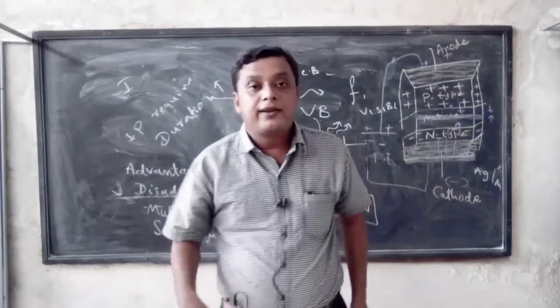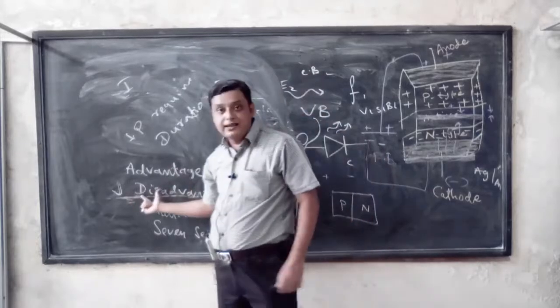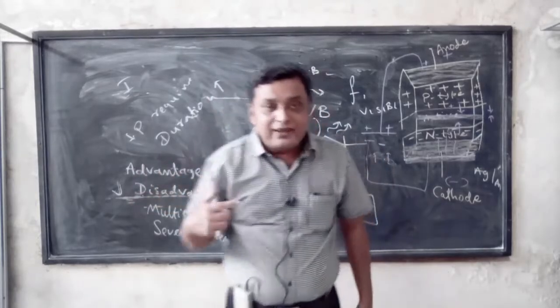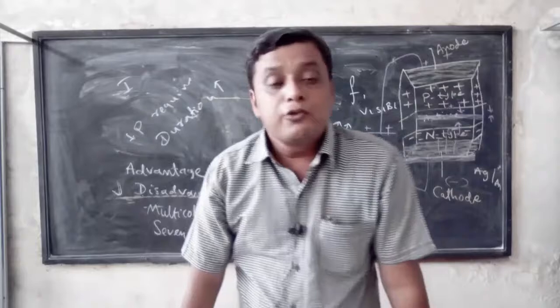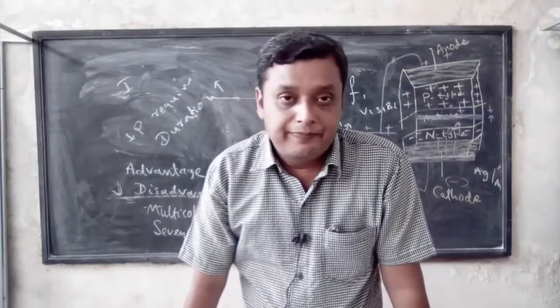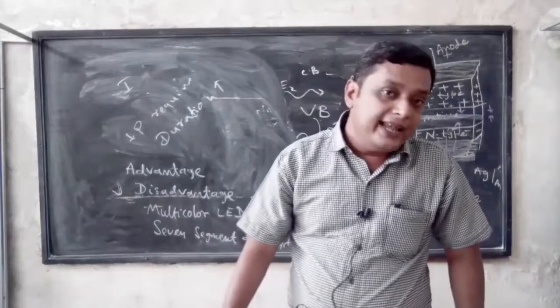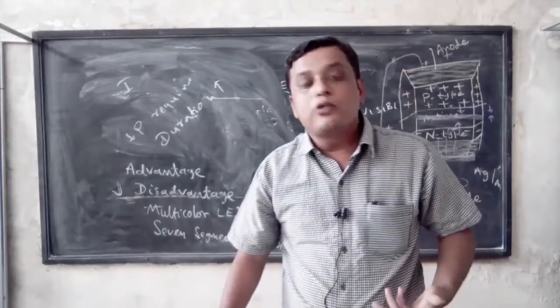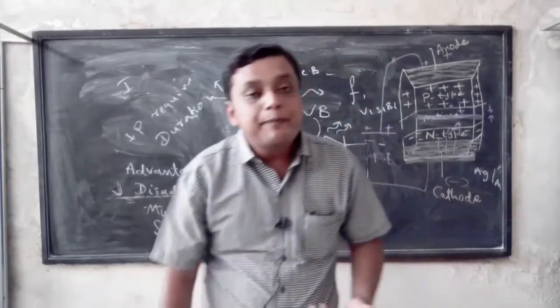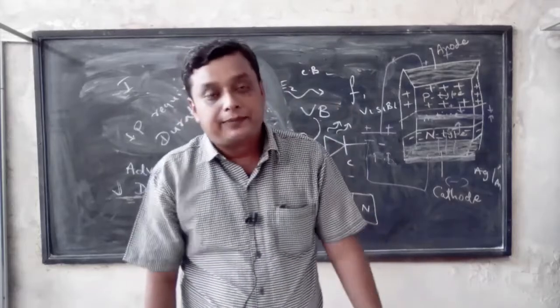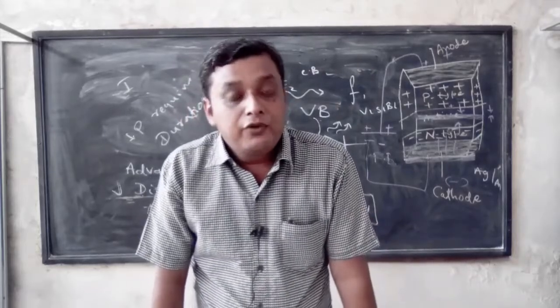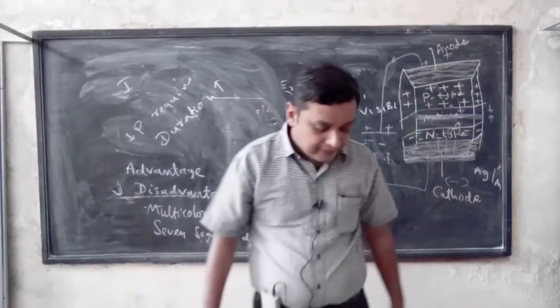Another disadvantage is that if I pass more current through the LED, overcurrent can never be accepted by the LED, and because of this overcurrent, the LED may be damaged permanently.